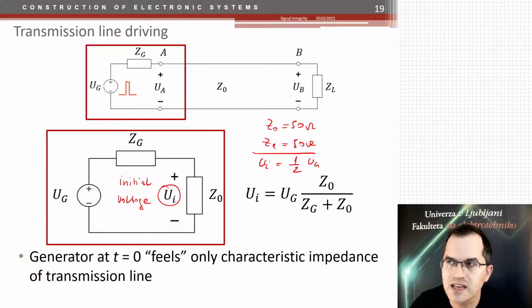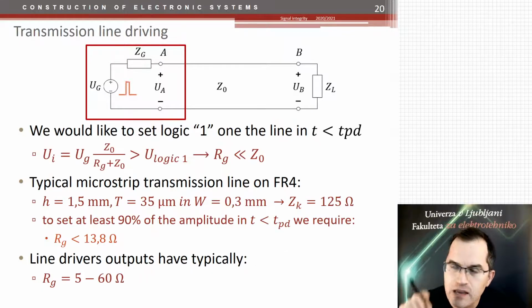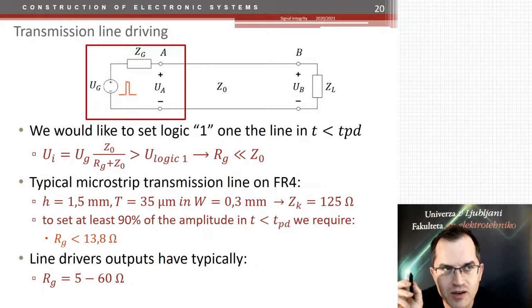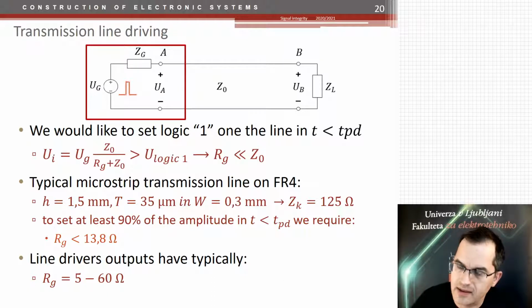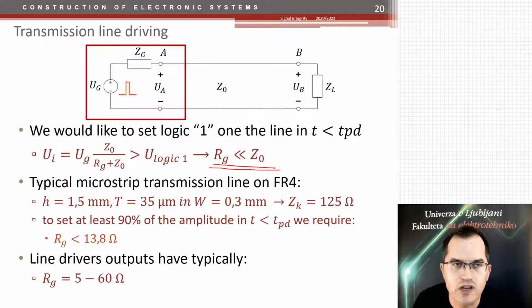But let's say we want to achieve logic level already at time zero. If we want to achieve logic level already at time zero, we have to have very low impedance of the source, much lower than the impedance of the transmission line. And this is the criterion here. If we want to achieve logic 1 already at the initial time 0, then we need a very good generator.